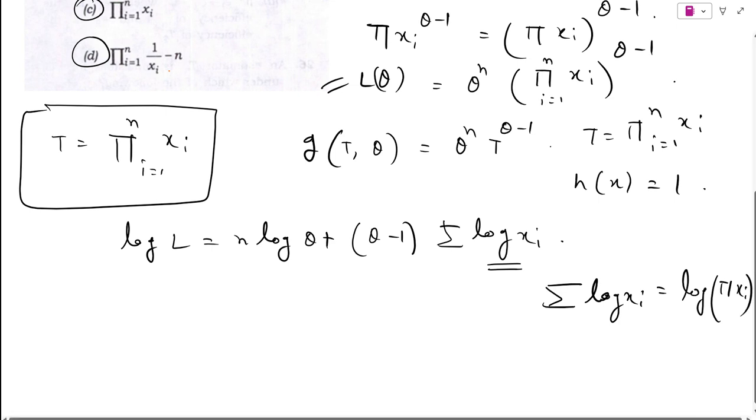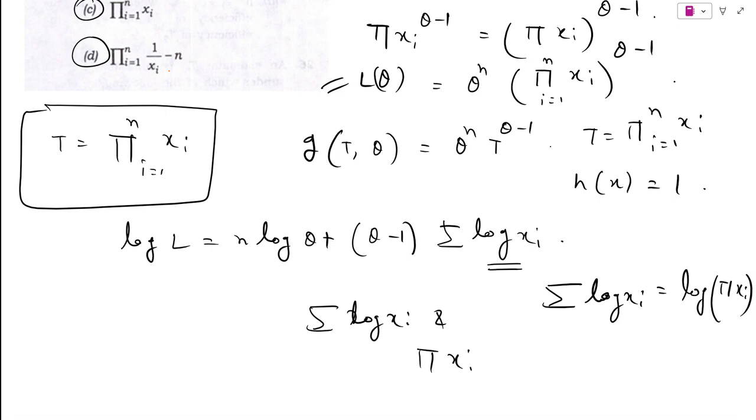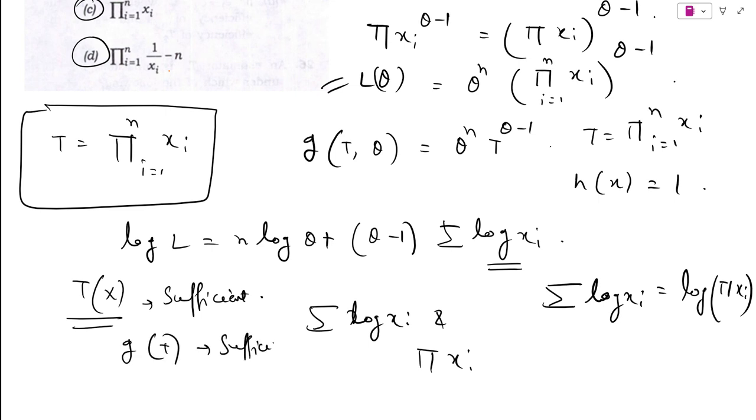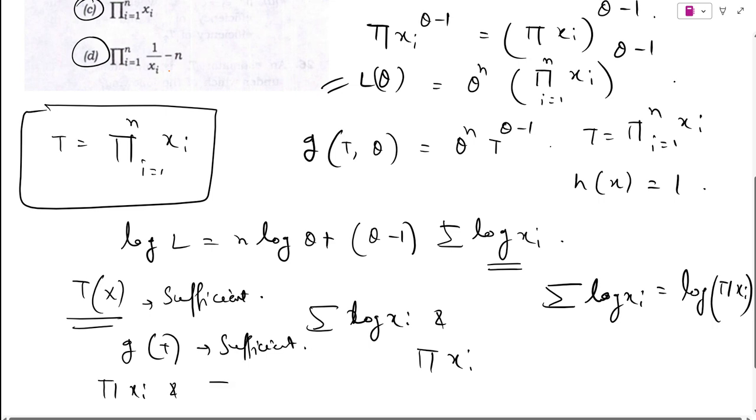And since the logarithm is a one-to-one transformation, both the product of xi and the sum of log xi contain exactly the same information. This is an important concept in estimation theory. So remember, if this is sufficient, then a one-to-one transformation is also sufficient, and that is why they both are sufficient.